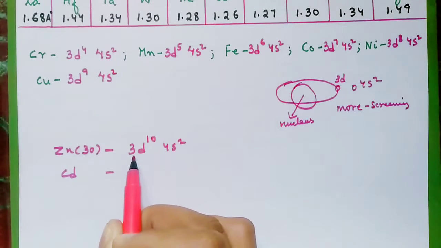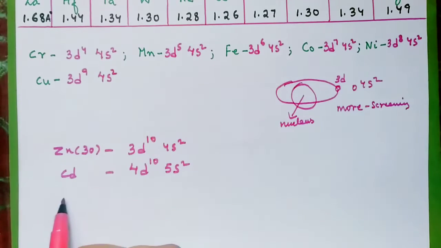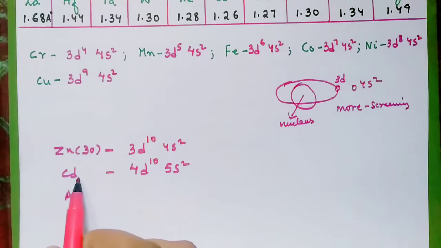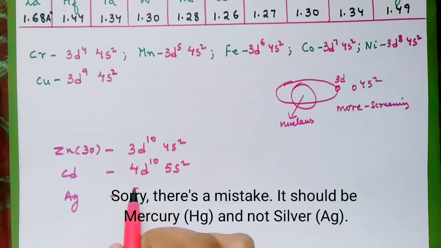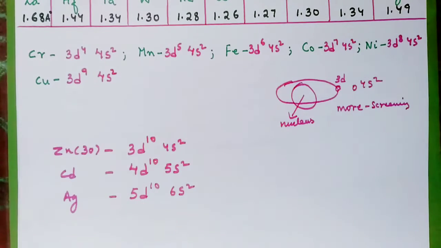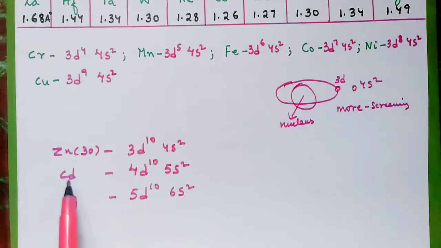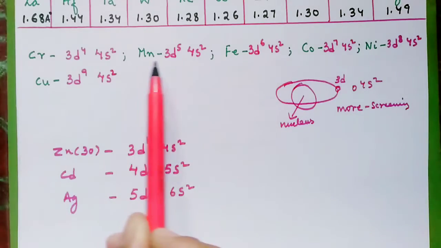What about cadmium? It is 4d10 5s2. And then for silver, you can look at the atomic number from the periodic table. For silver, it is 5d10 6s2. Okay, look here. In these three elements, the electrons in the d orbital are more as compared to these, right?